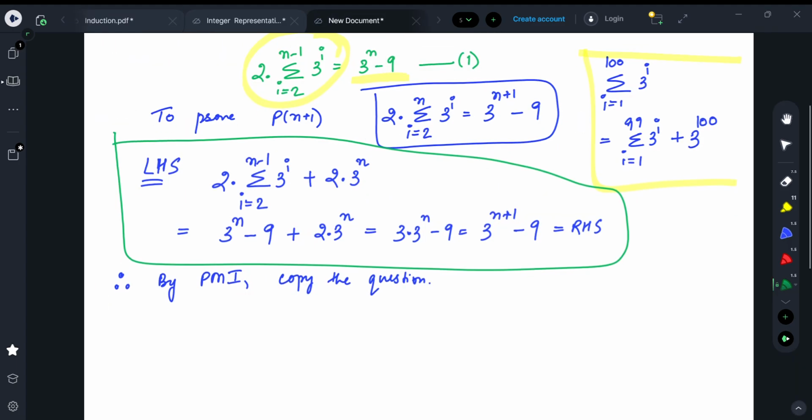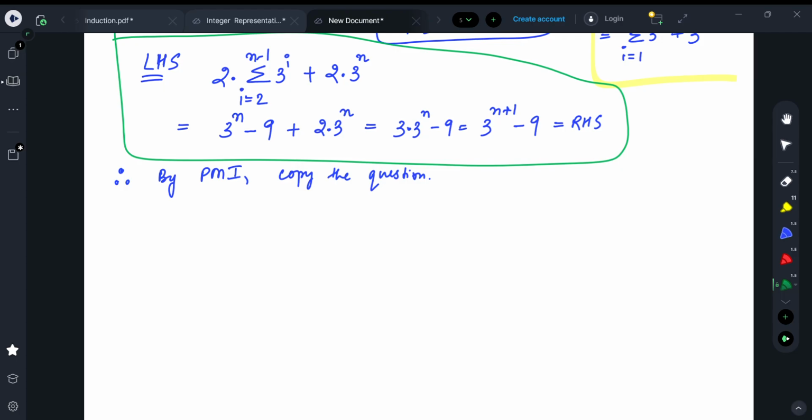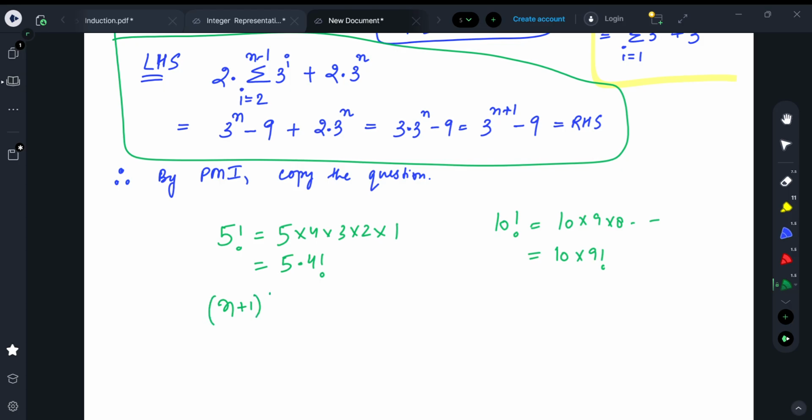This is just background information. What is 5 factorial? 5 factorial is 5 times 4 times 3 times 2 times 1, which is in other words 5 times 4 factorial. What is 10 factorial? 10 factorial is 10 times 9 times 8 and so on, which is 10 times 9 factorial in other words. So what is n plus 1 factorial?